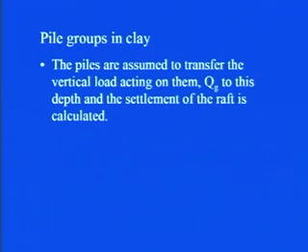The piles are assumed to transfer the vertical load acting on them, that is Qg, to this particular depth, and the settlement of the raft is calculated. In shallow foundations you have already seen how you can find out the settlement of the raft. So, let us say we forget that there is any pile.